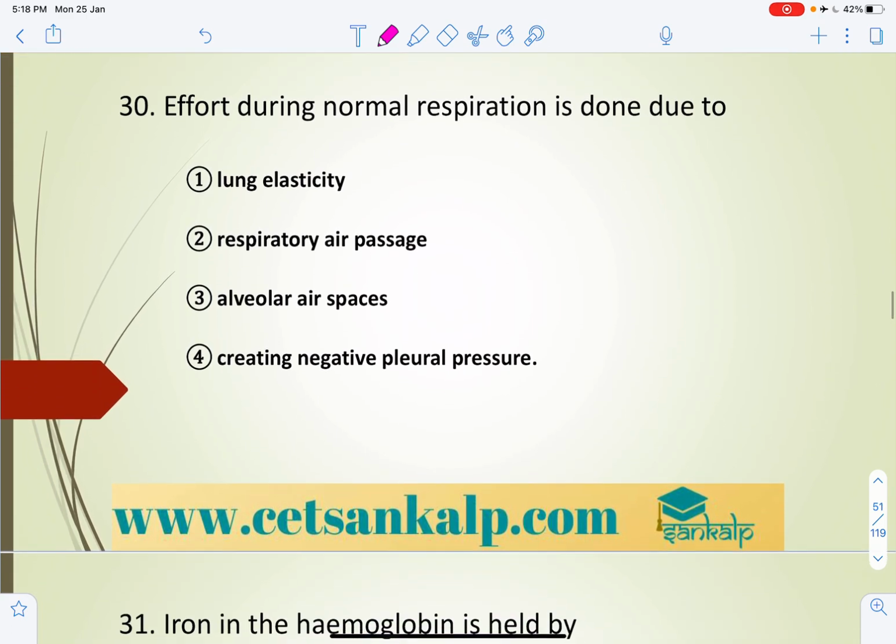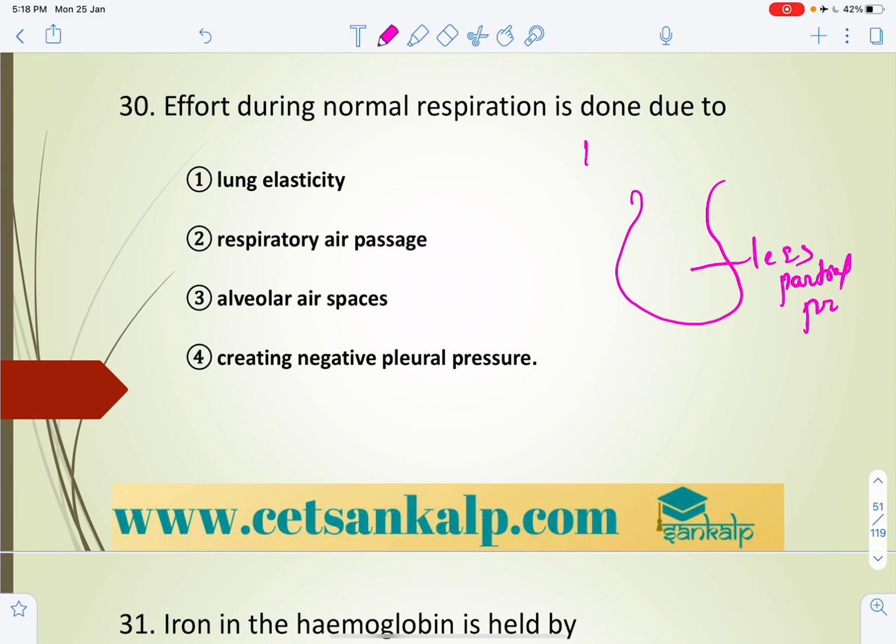Effort during normal respiration is done due to what? What change takes place in the body? As I have mentioned, if the partial pressure of air inside is less compared to the outside, it makes the movement of air easy. We create that due to the inspiratory muscles.